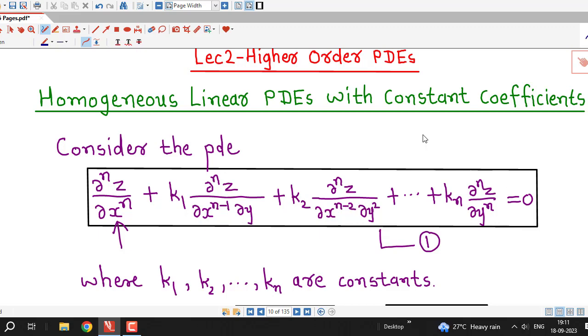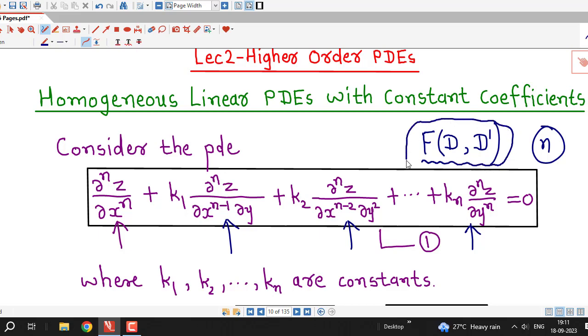And I am considering the case that this capital F becomes a function of D and D dash. Therefore, I have taken care that in each term the order of derivative is n, because recently we are discussing the method in which this capital F(D, D dash) is a homogeneous function of D and D dash.